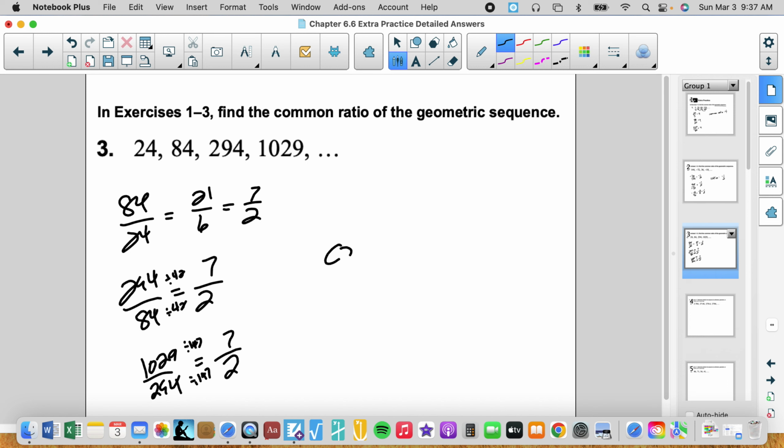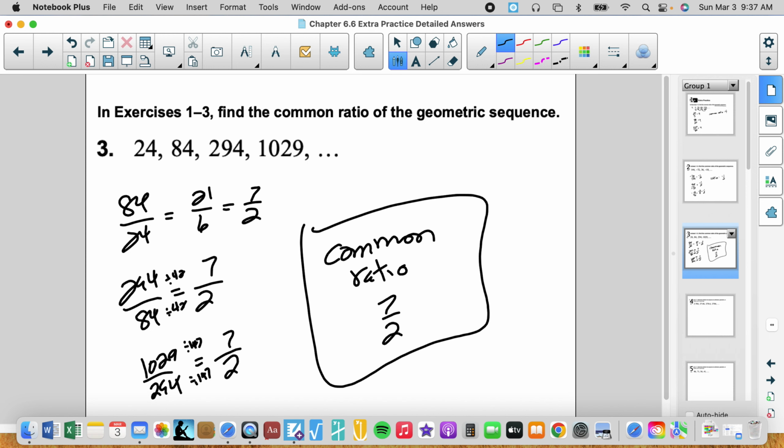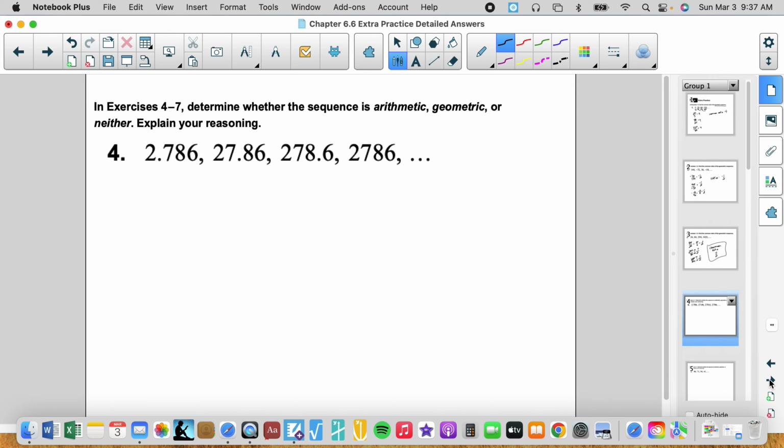So the common ratio is 7/2, and that's an important number.